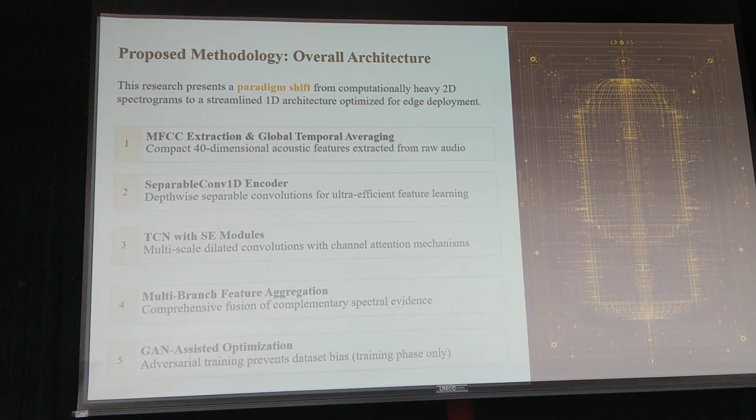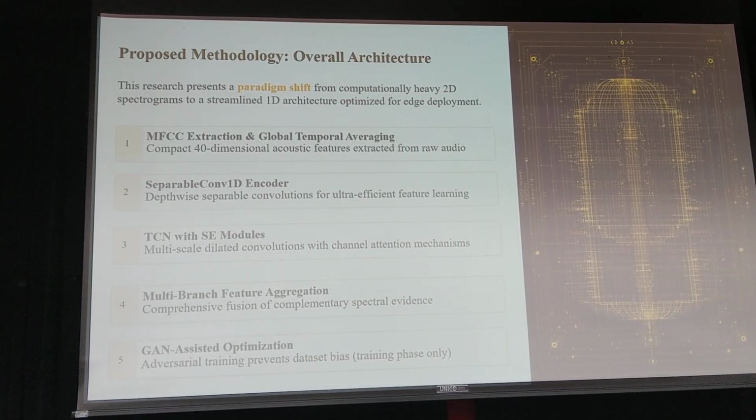As you can see from the overall architecture flowchart on this slide, our system pipeline consists of 5 key efficiency-focused modules. First, MFCC extraction paired with a global temporal averaging strategy.